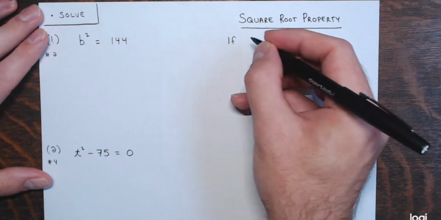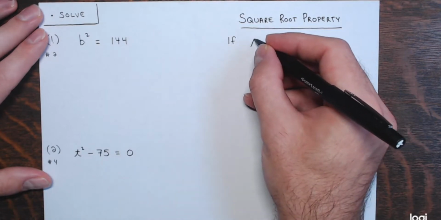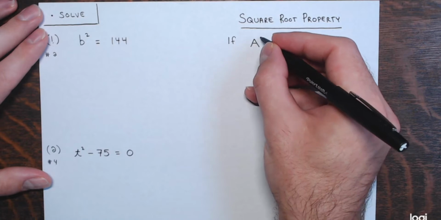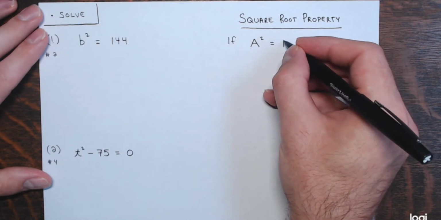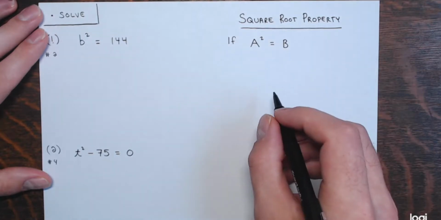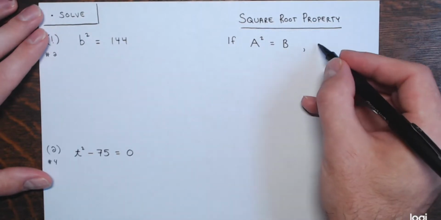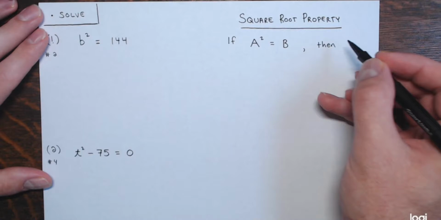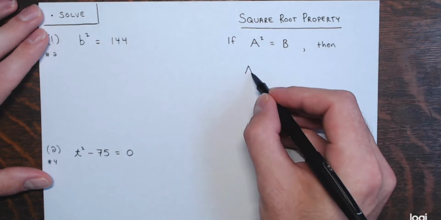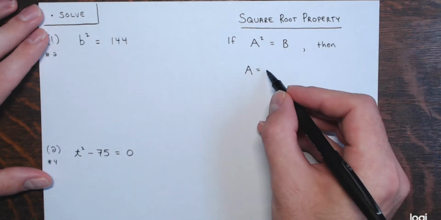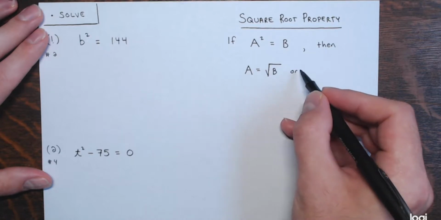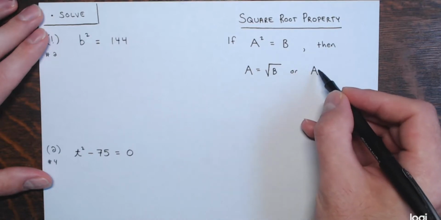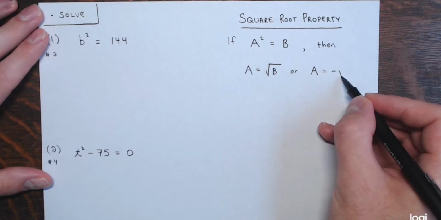If some number squared, so say a squared, is equal to another number b, then a is either the positive square root of b or a is the negative square root of b.